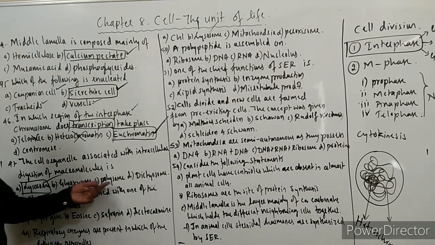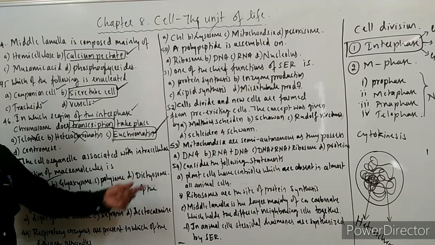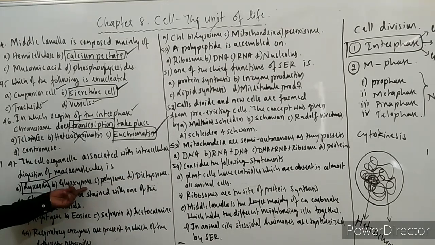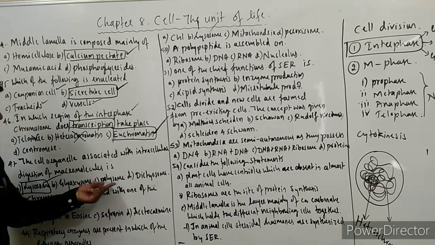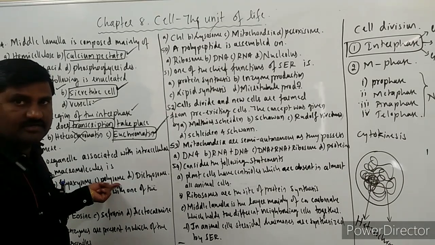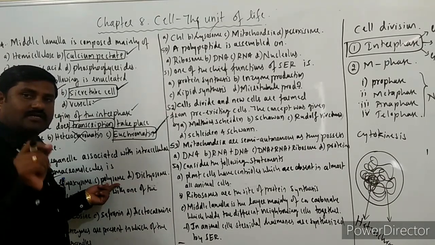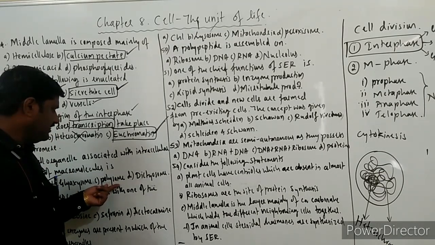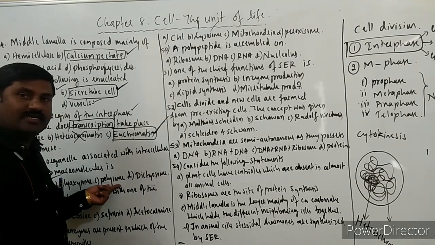So glyoxysome is there, polysome is there, dictyosomes are there. Glyoxysome is also a single membrane bound cell organelle coming under the heading microbodies, and polysomes are those ribosomes which join each other, binding to a single mRNA, and they form polysome or polyribosome.